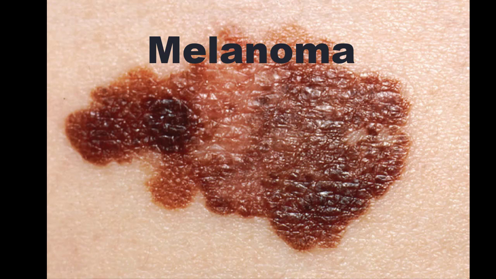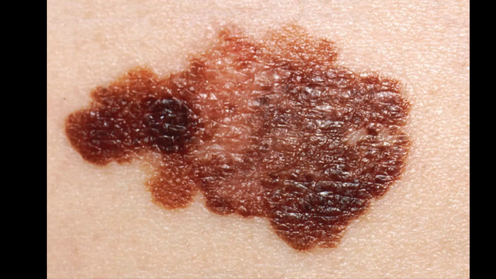Melanomas usually appear as asymmetrical brown and black patches with uneven borders and a raised surface. Treatment of this type of cancer typically involves surgical excision and immunotherapy.